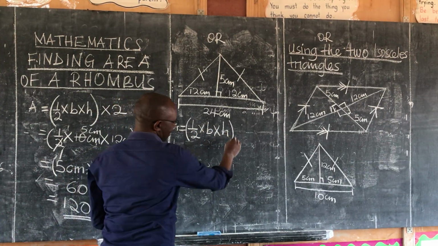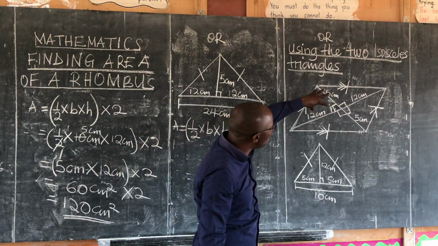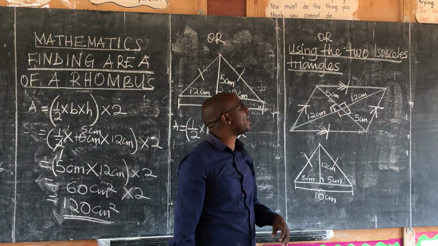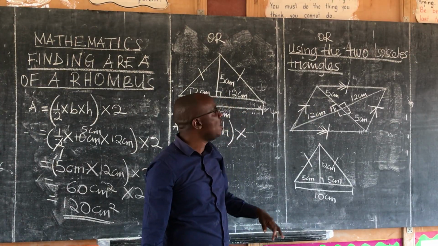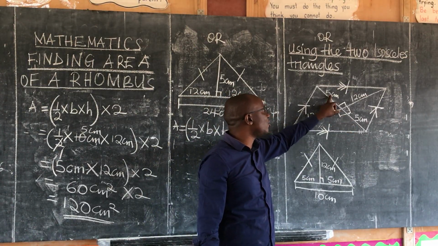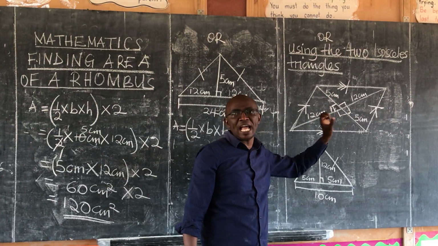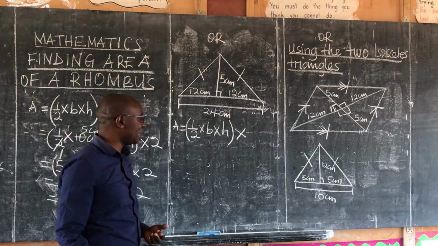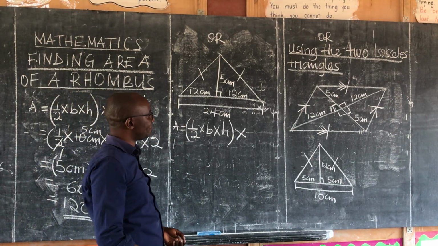But since two isosceles triangles are joined to form a rhombus, when we get the area of one isosceles triangle and multiply it by 2, we get the total area of the two isosceles triangles that form the rhombus. Remember, multiplication is repeated addition.